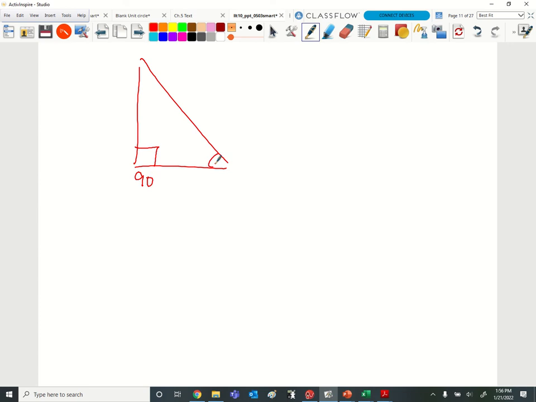The other two, which I'm going to call my alpha and my beta, together equal 90, because all three together add up to 180. So I know that A plus B equals 90.